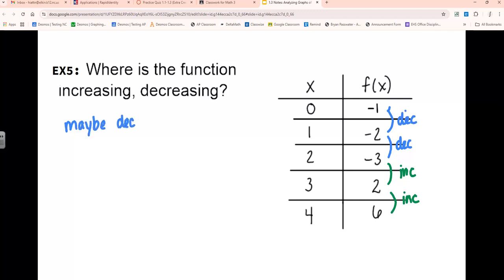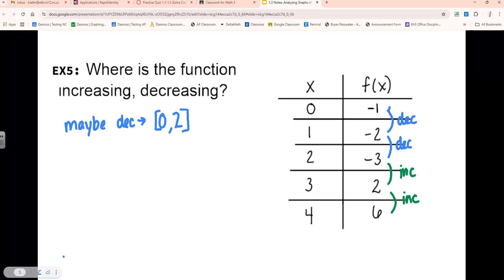Now, if I wanted to give an answer for this, I could say it is maybe decreasing. I would give the x coordinates for this, right? So I'm using the x coordinates: 0 to 2. All right, I'm pulling the x coordinates from here.